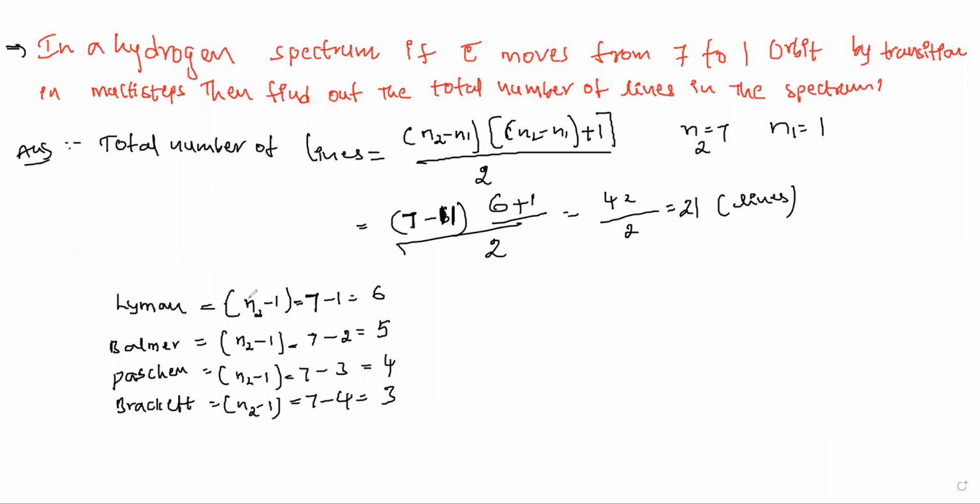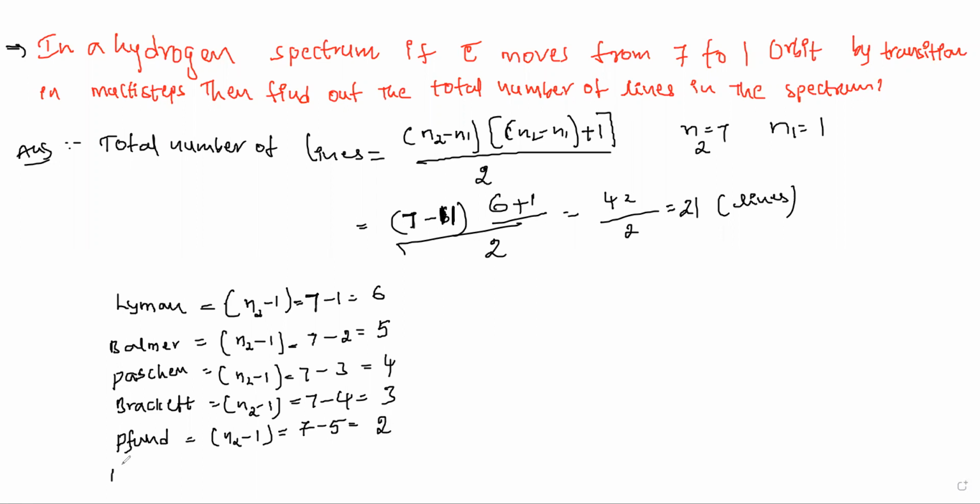And next the Pfund series, same, 7 minus 5, here we'll get 2.